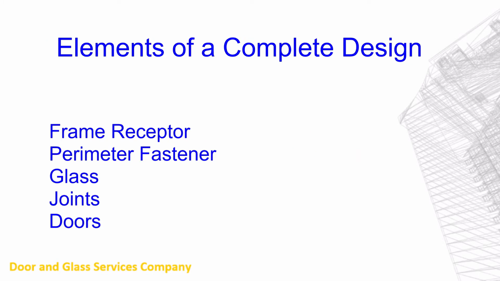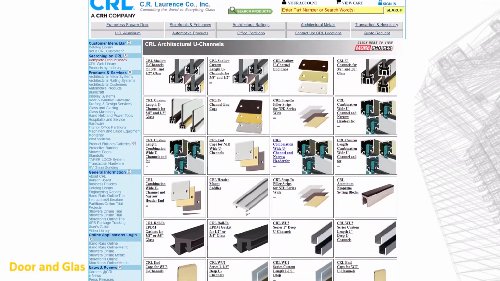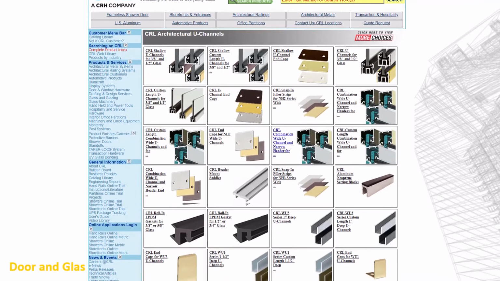The elements of a top and bottom captured glass system include frame receptors, perimeter fasteners, glass, the joints between the glass, and door systems. The most popular type of receptor element is a U-channel.